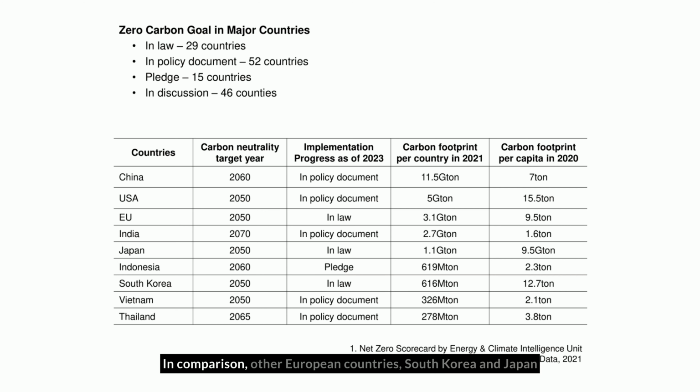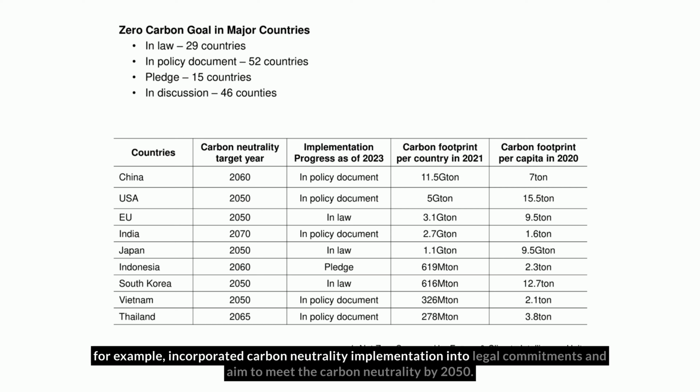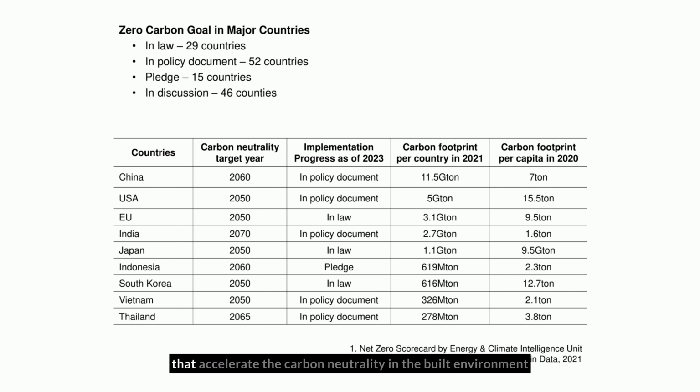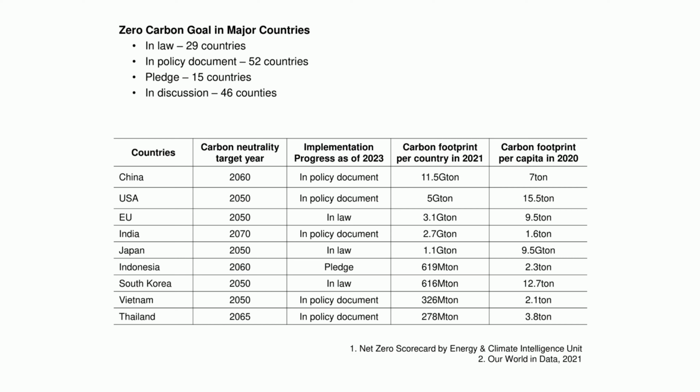In comparison, other European countries, South Korea and Japan, for example, incorporated carbon neutrality implementation into legal commitments and aim to meet carbon neutrality by 2050. We must strive to meet these targets as soon as possible and advocate for laws and policies that accelerate carbon neutrality in the built environment.